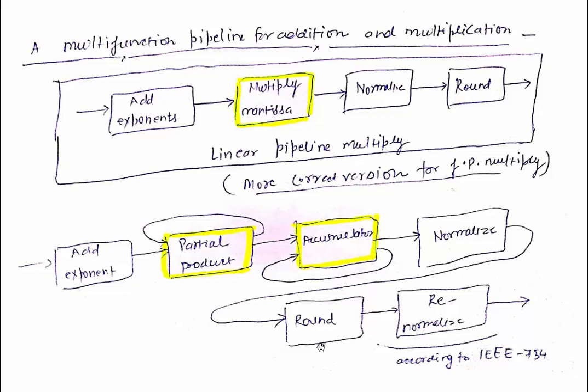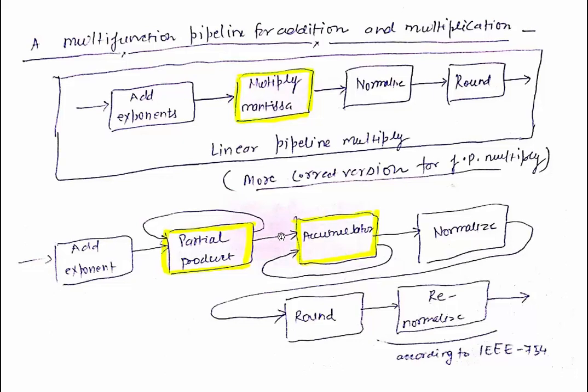So this is the more correct version of floating point multiplication. We have already seen floating point addition, and this is for floating point multiplication. So how are you going to implement a multifunction output for addition and multiplication?